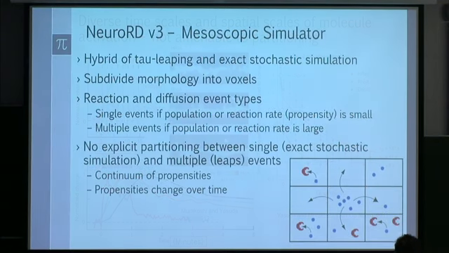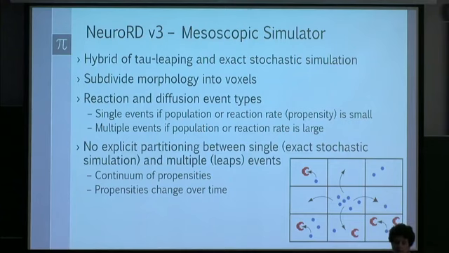Okay, so we created a new simulator, which is indeed a hybrid of tau leaping and an exact stochastic method, and we do indeed subdivide our morphology into voxels. But we're not going to do an explicit partitioning of the space.